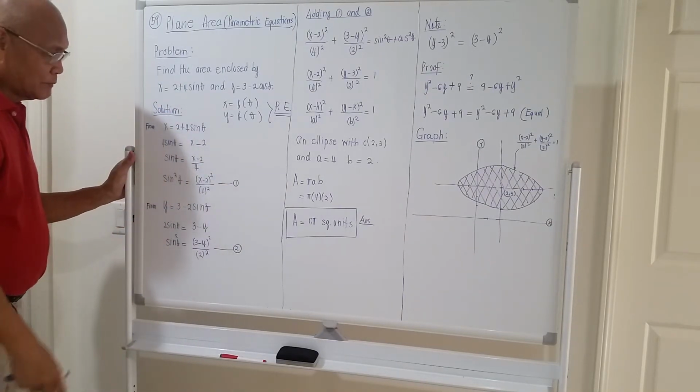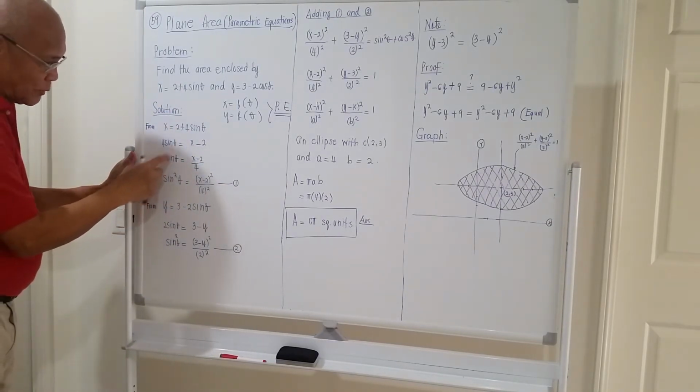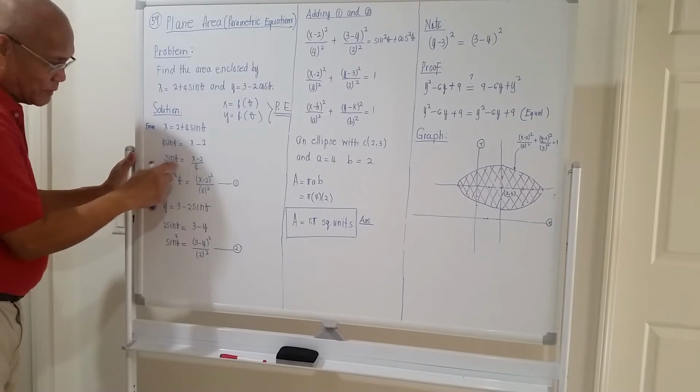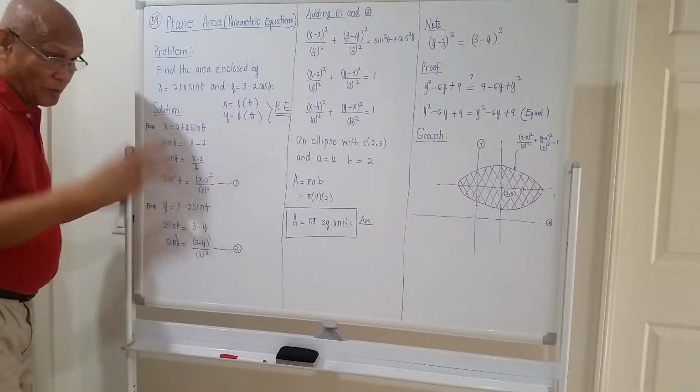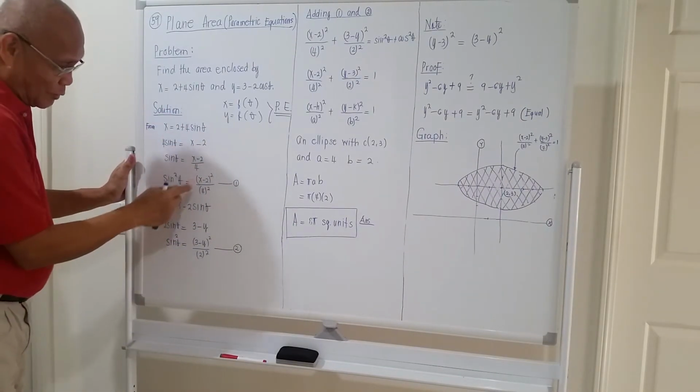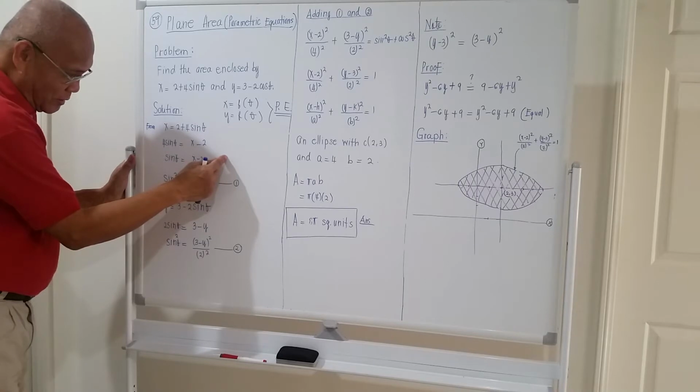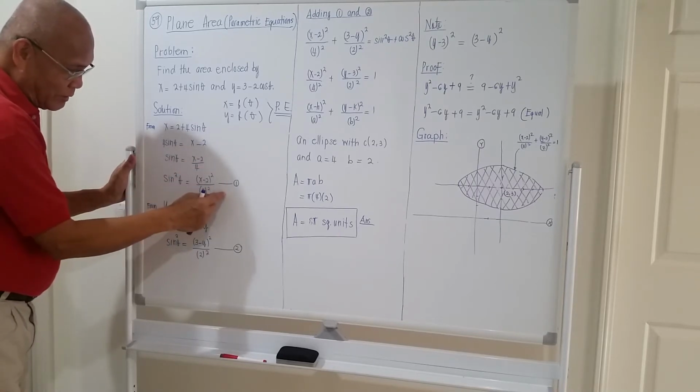Squaring both sides. The square of sine theta is sine square of theta, equal to the square of the right hand side. Okay? So it will be x minus 2 quantity square all over 4 quantity square.